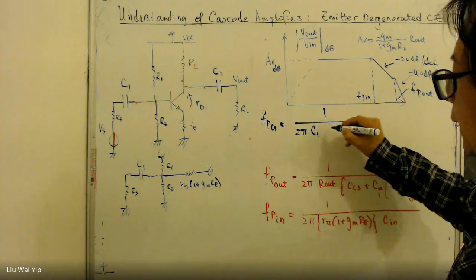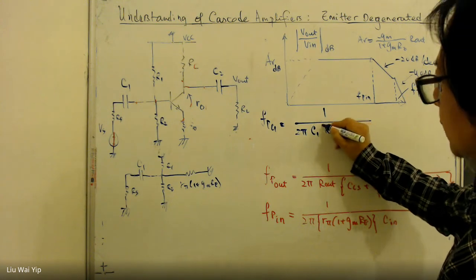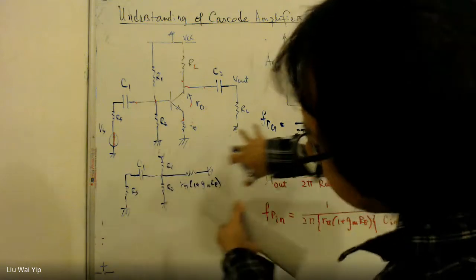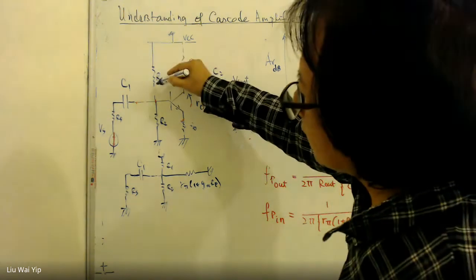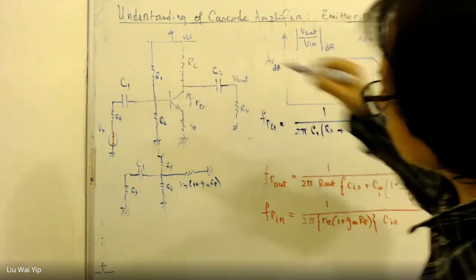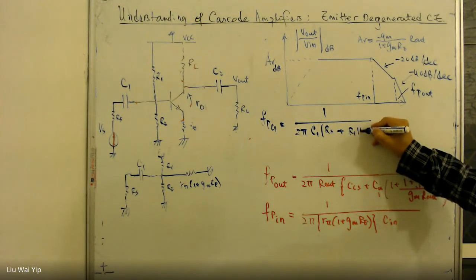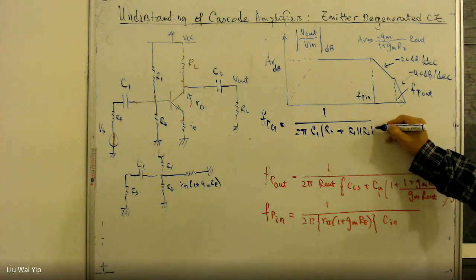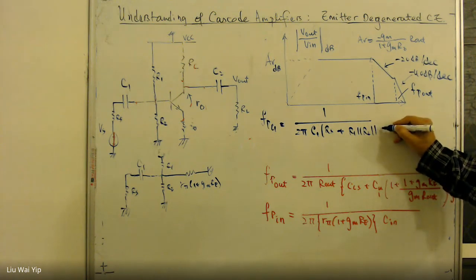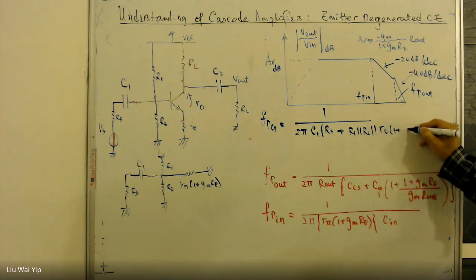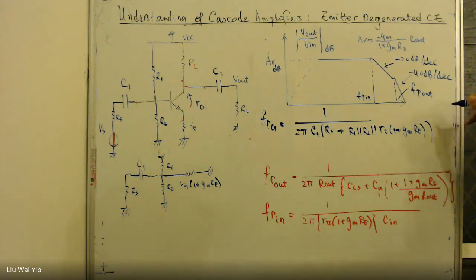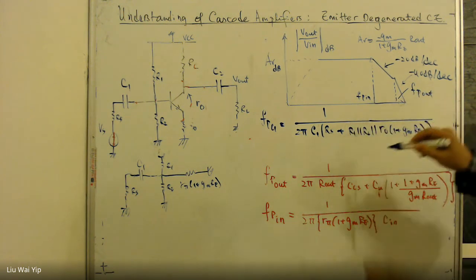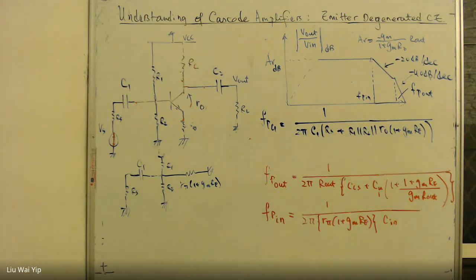C1 first, and then RS, then plus the resistance on the right side. This one and this one, they are all in parallel. So this is the low frequency pole.